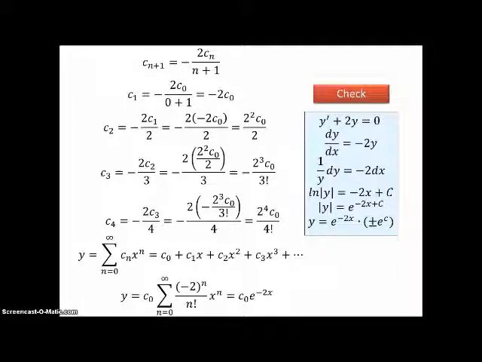And so our c0 value is plus or minus e to the c. I mean, those are equivalent. They're both constants, right? So it checks.